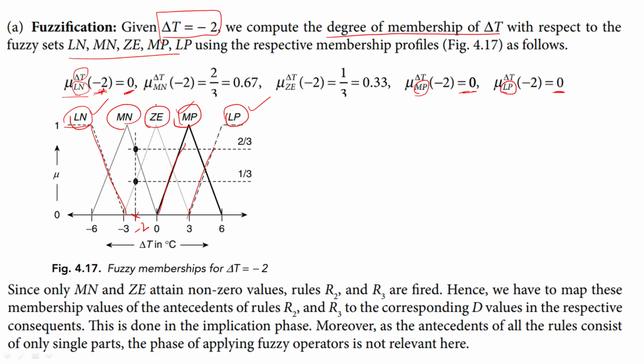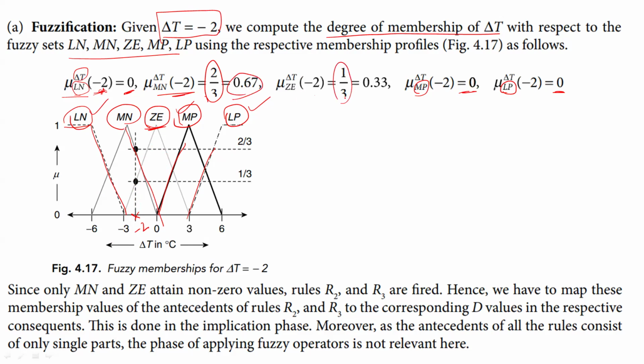Now you can see here it's -2. It is given by 2 by 3. That is the point where it intersects. So you draw a line that intersects at this slope of MN, and you can see that is around 2 by 3. Then when you look at the ZE graph for -2, that is 0.67 is the value.